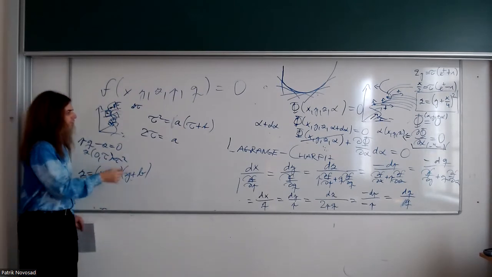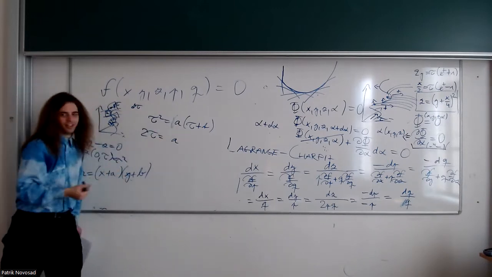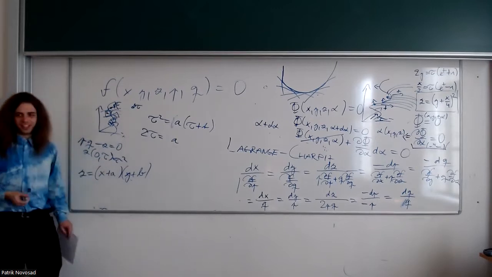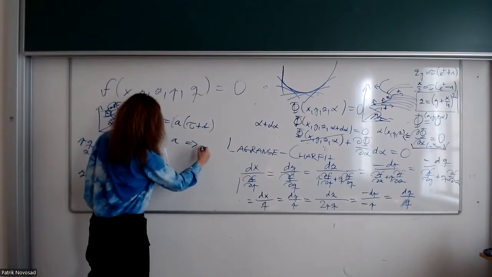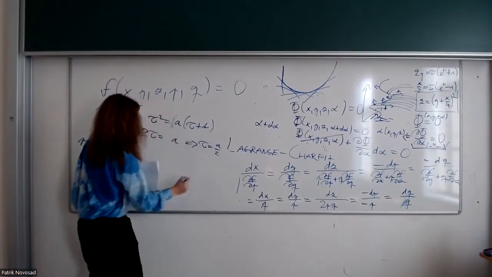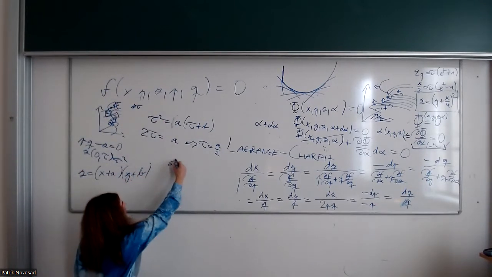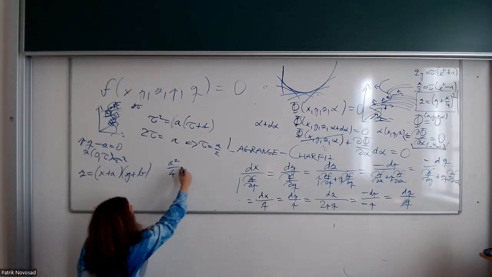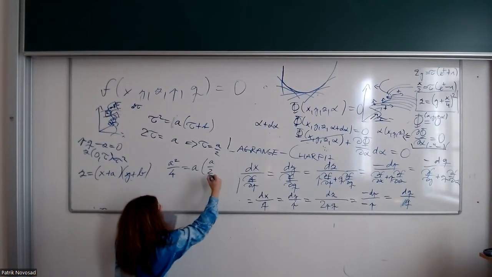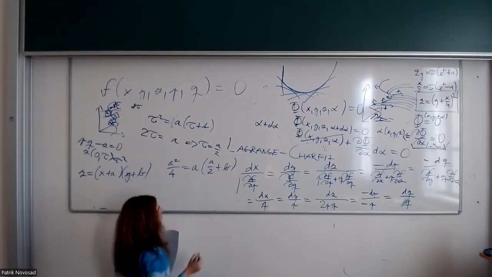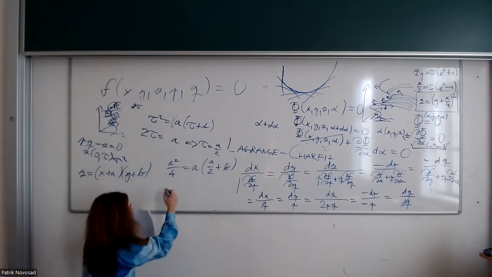And now we can use these two equations to obtain a relationship between B and A, because the tau can now be eliminated just by making sure that tau is A half. So plugging into the first formula, we get A squared over 4 is equal to A times, now tau is still A half, and here is B. Out of this, we could obtain what the B should be.